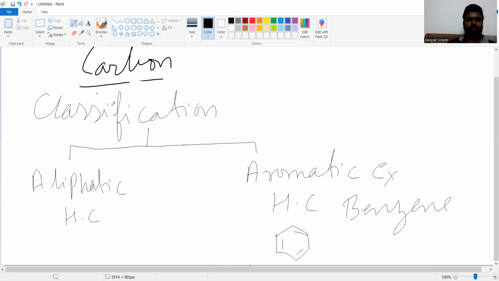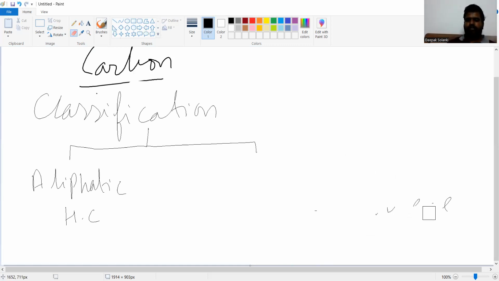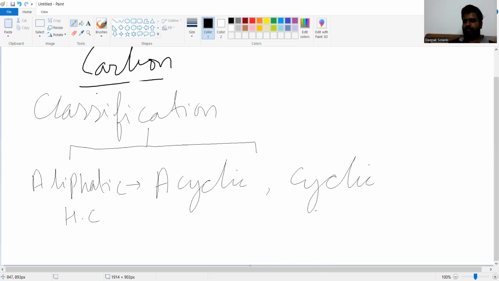So talking about the aliphatic, we have the classification of aliphatic compounds. First one is acyclic and second one is cyclic.